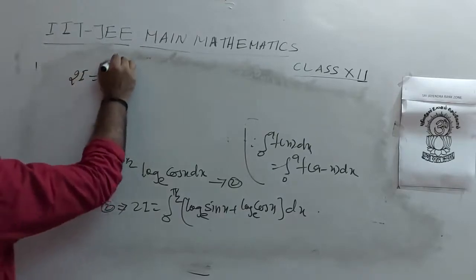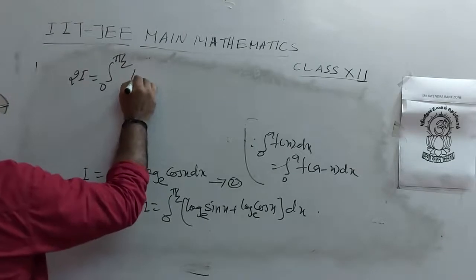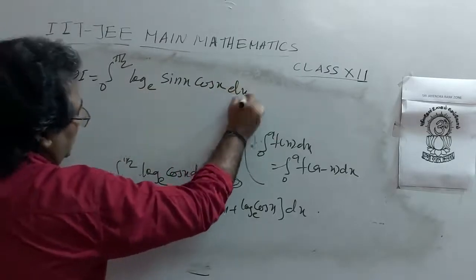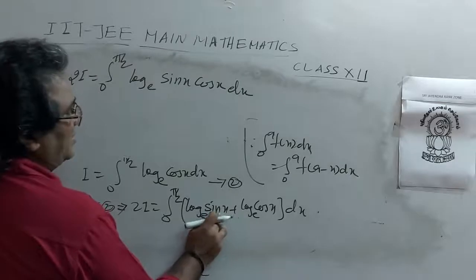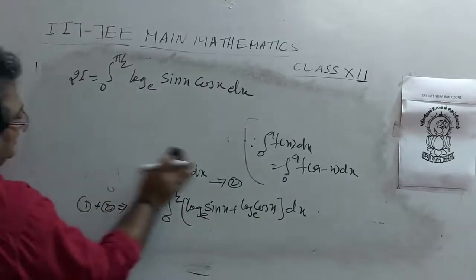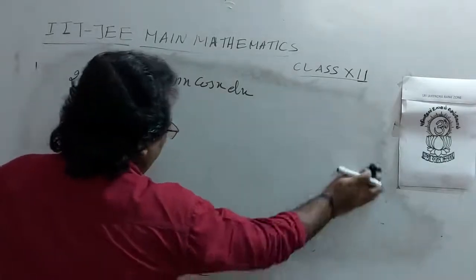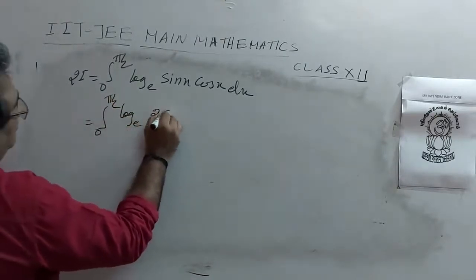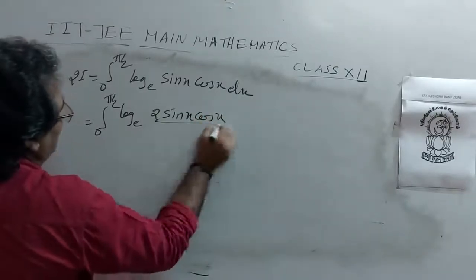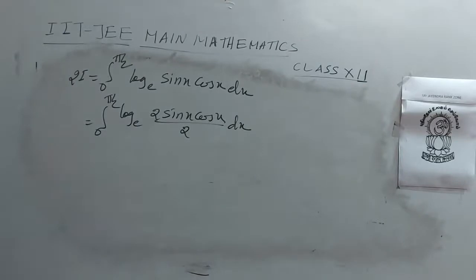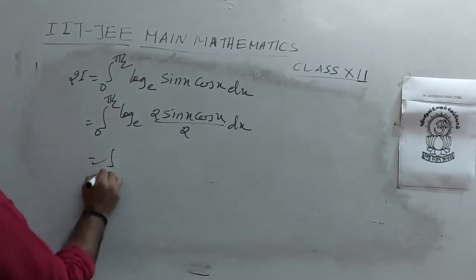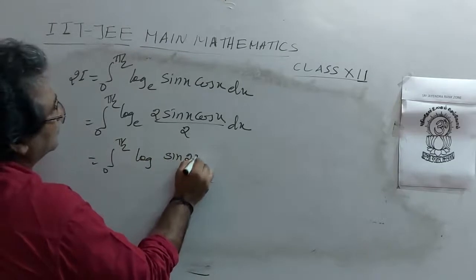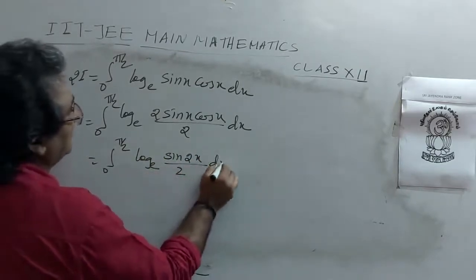So 2I equals integral 0 to pi by 2 log, since we have plus here, log sin plus log cos means log of sin x into cos x dx. Integral 0 to pi by 2 log of 2 sin x cos x by 2 dx, equals integral 0 to pi by 2 log of sin 2x by 2 to the base e dx.